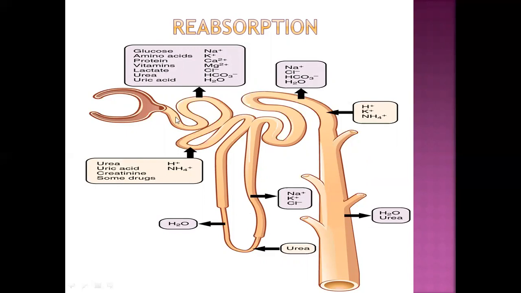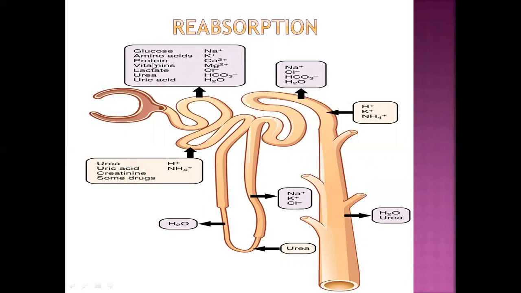After that, when water and blood filtrate enter, these arrows show the entry and exit of all the material. After the glomerulus or Bowman's capsule, reabsorption occurs in the proximal convoluted tubule, meaning from the tubule to the capillary. What are the things which go back to the blood?